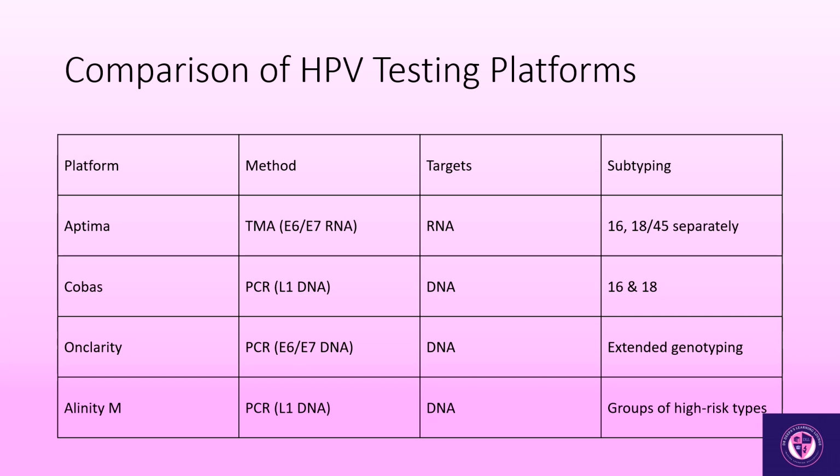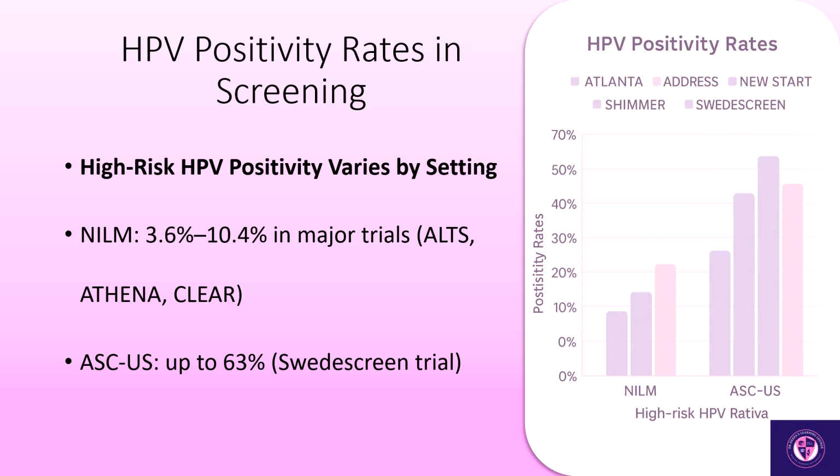High-risk HPV prevalence varies significantly depending on the population that is being screened and the assay that is used. On the slide, you can see the data from major international trials summarized. Individuals with NILM cytology have HPV positivity typically ranging between 3 to 10%.